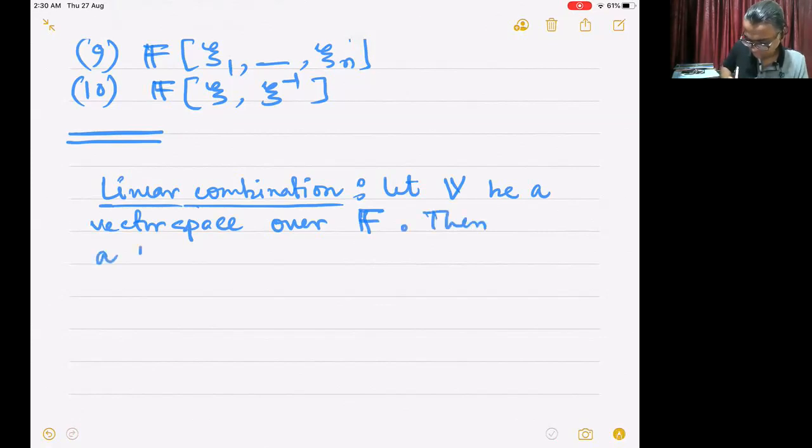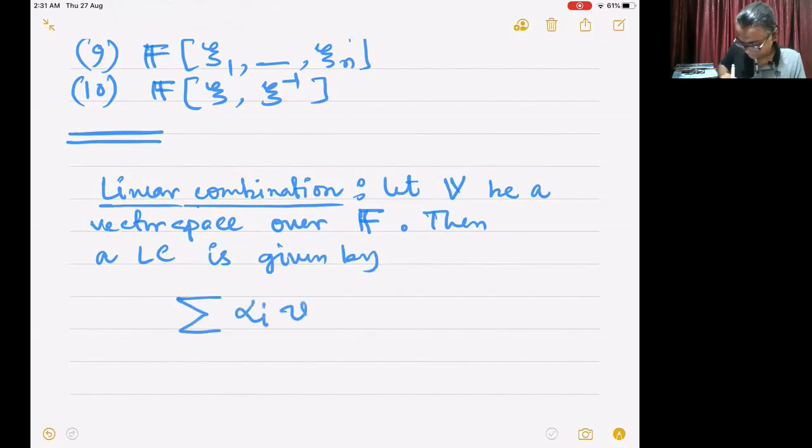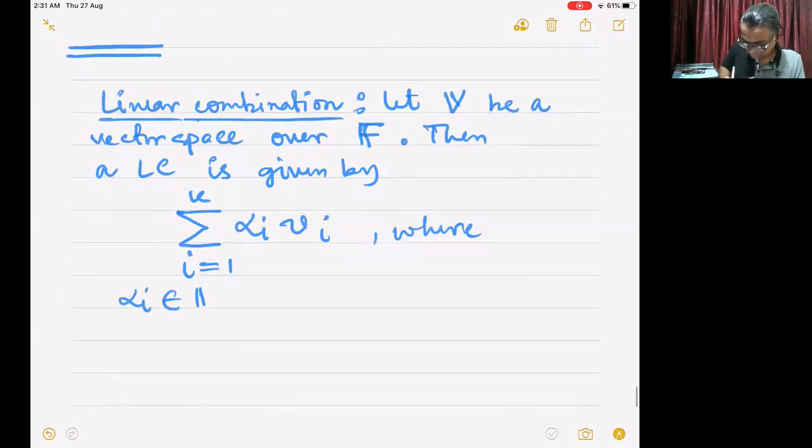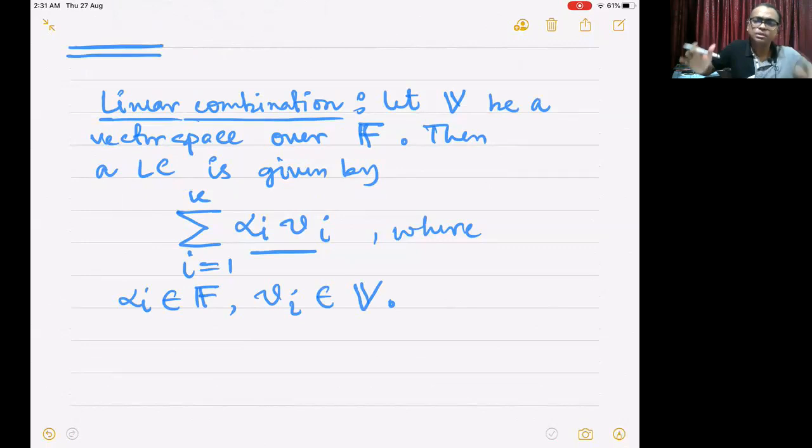a linear combination is given by the summation of alpha i vi, i going from 1 to k, where alpha i are elements from the field and vi are elements from the vector space V. Because it's associative, I don't have to say in which order these are being summed up.